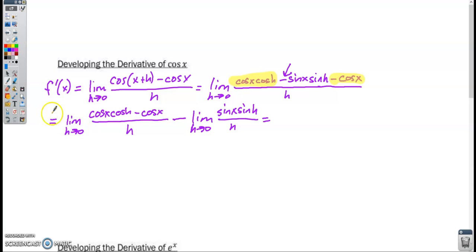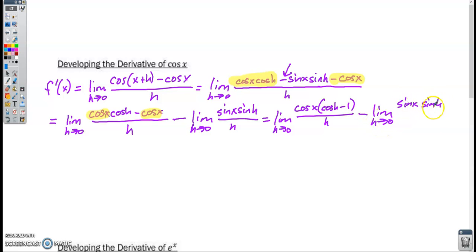And now, since both of the terms in the first limit contain a factor of cosine of x, I can factor the cosine of x out. And so this becomes the limit as h goes to 0 of cosine of x times the quantity cosine of h minus 1 all over h. And this is still sine of x sine of h over h.